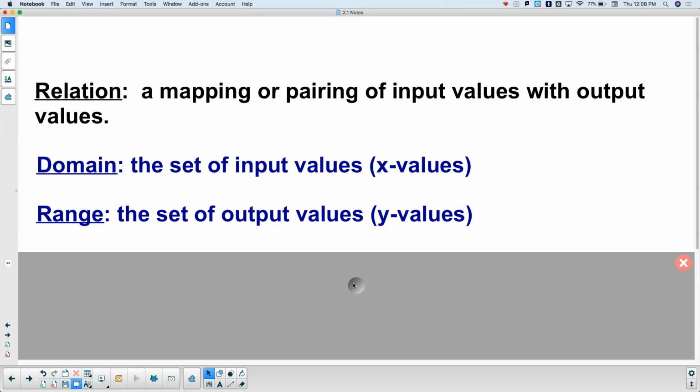Okay? The range can also be described as the values of the function. Okay? It's what you see. When I plug in 4 into my function, it's where that function's at. It's the value of that function. Okay?